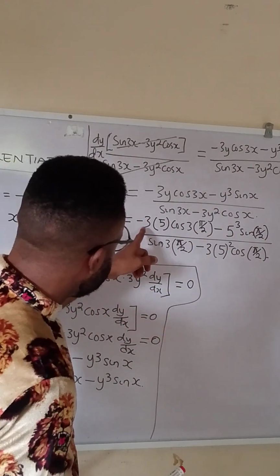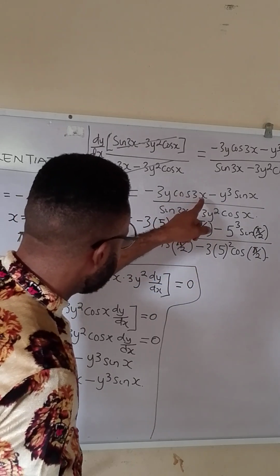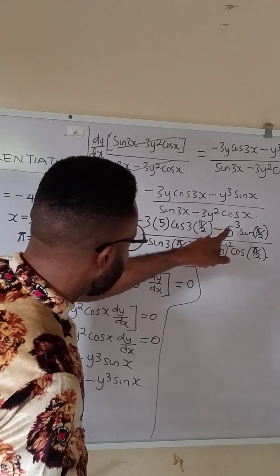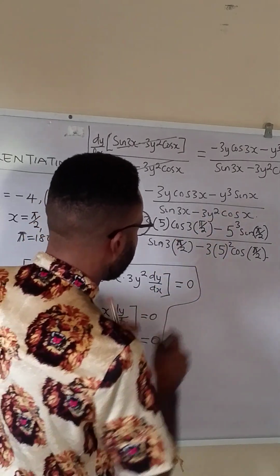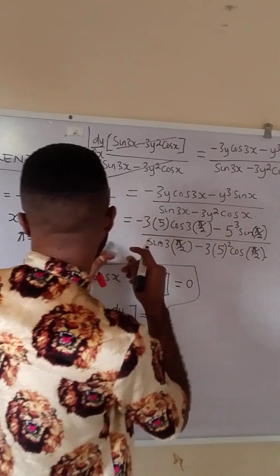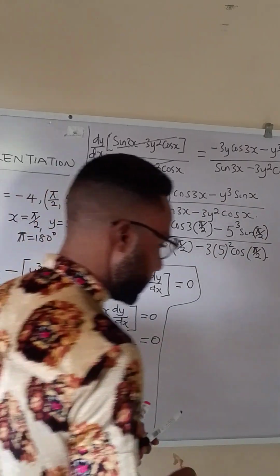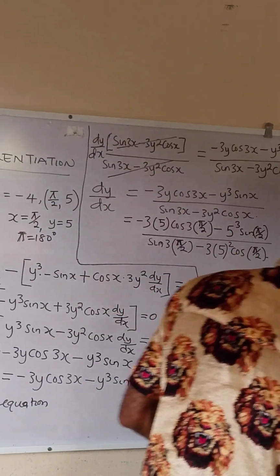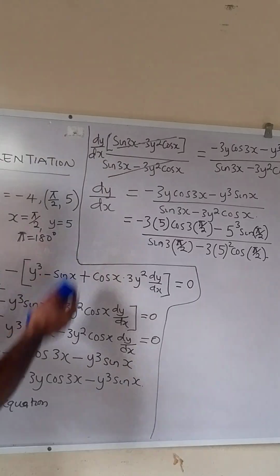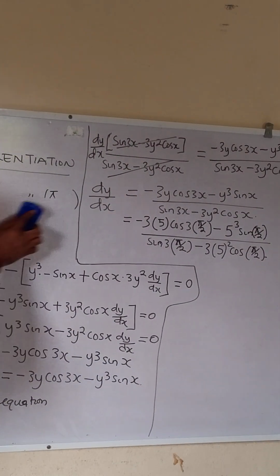So we have minus 3 into the value of y, 5, cos 3 into the value of x, and we've established that our pi is 180 degrees because we are dealing with angles, trig ratios. So let's move over to this side of the board to complete our solution.